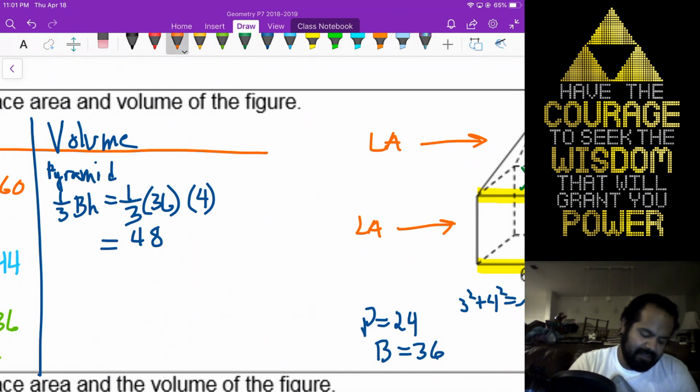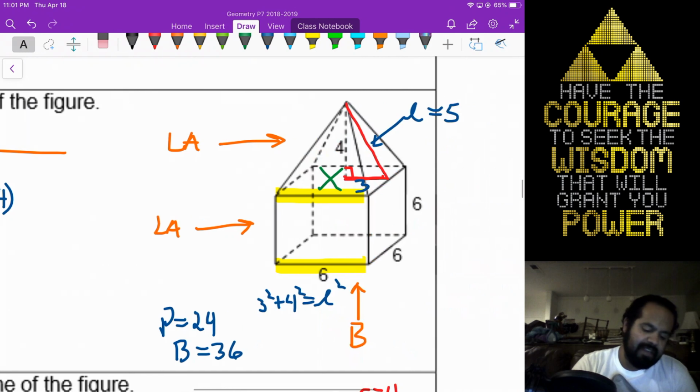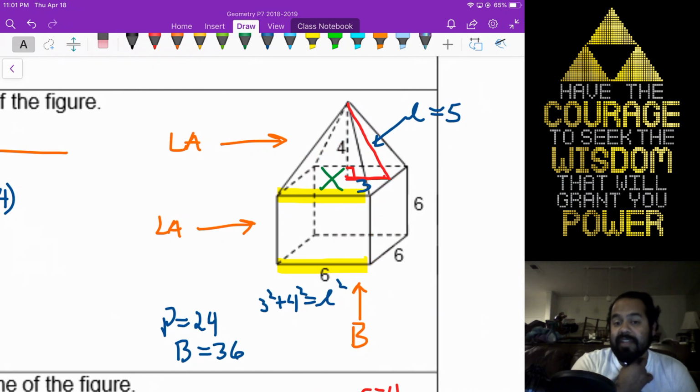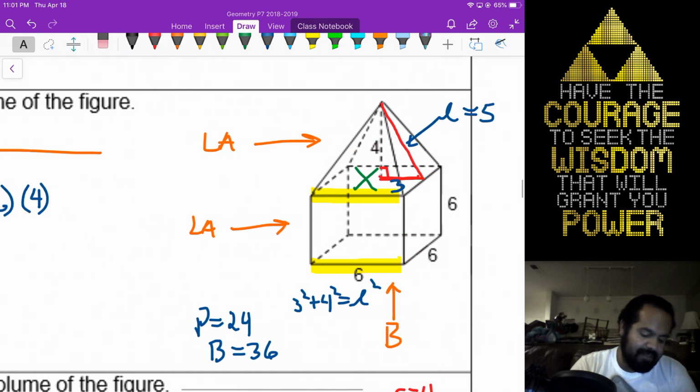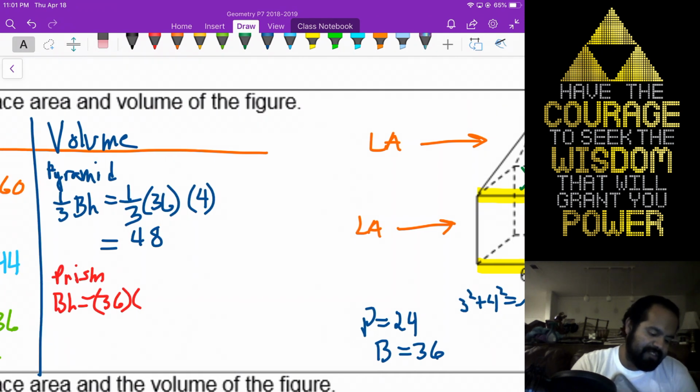Now looking at our prism, the volume is our base area times the height. So that's going to be 36 times, and now don't confuse this with the height of the pyramid. Make sure you're looking at the right shape. In this case, it's the height of the prism of 6.